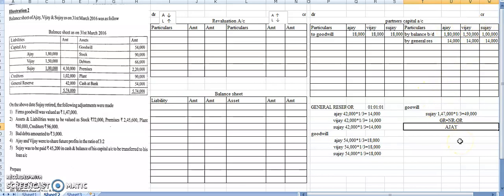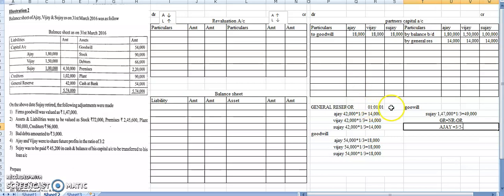Ajay's new ratio is given in the adjustment here. It is 3:2. So the new ratio of Ajay is 3 upon the total, 3 plus 2 is 5, so 3 upon 5, minus the old ratio. Now the old ratio we already know here.